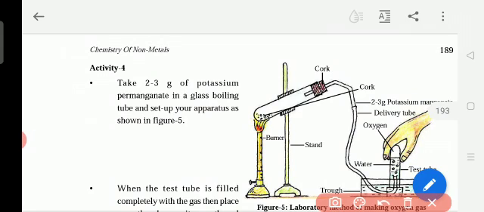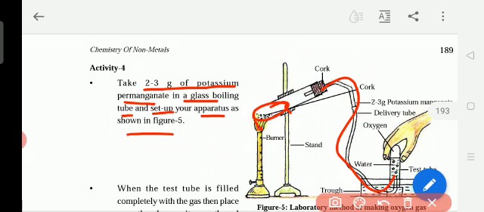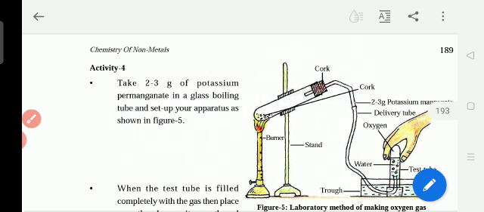Here you can see 2 to 3 grams of potassium permanganate in a glass boiling tube, and set up your apparatus as shown in the figure. We heat the potassium permanganate and the gas is collected through this delivery tube.